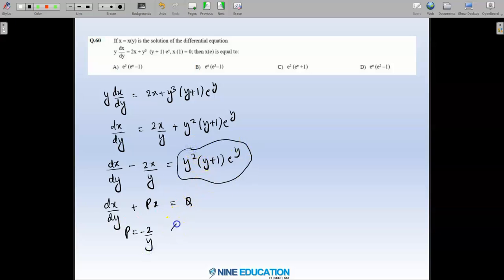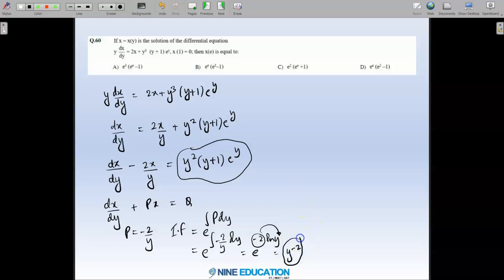So integration factor will be e power integration P dy, which is basically e power integration of minus 2 by y dy, which will be minus 2 ln y. Okay, and this minus 2 can go on the top of y as power, so it is basically y power minus 2. So we have got the integration factor.